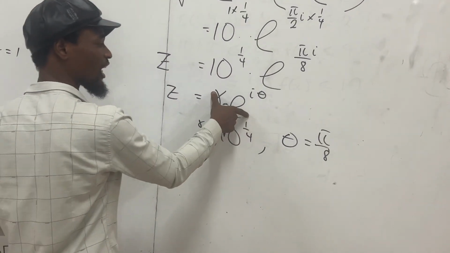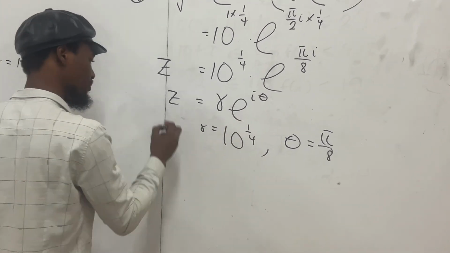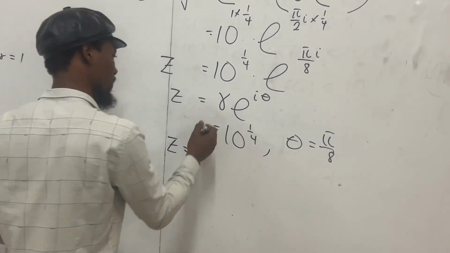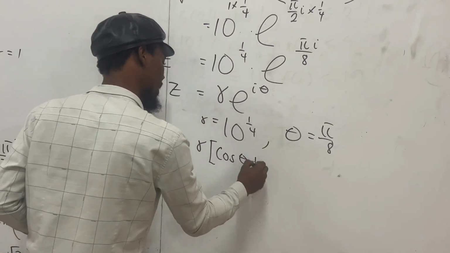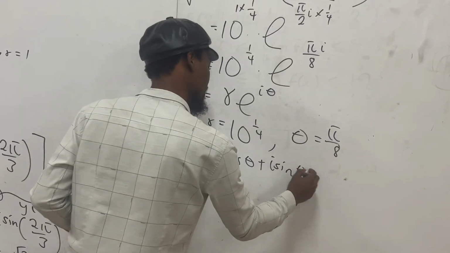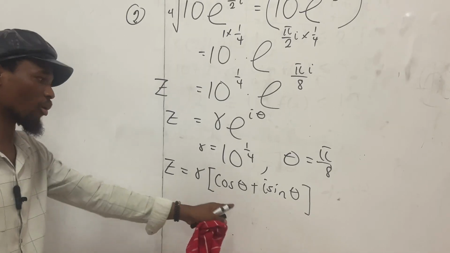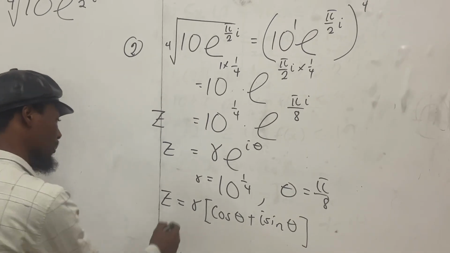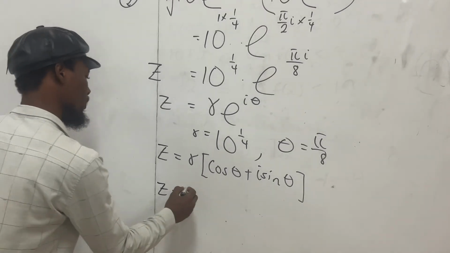So this is the exponential way of representing complex numbers. You have z is equal to r cos theta plus i sine theta. This is the polar way, or the circular way, of representing complex numbers. So therefore, we have z equal to r.